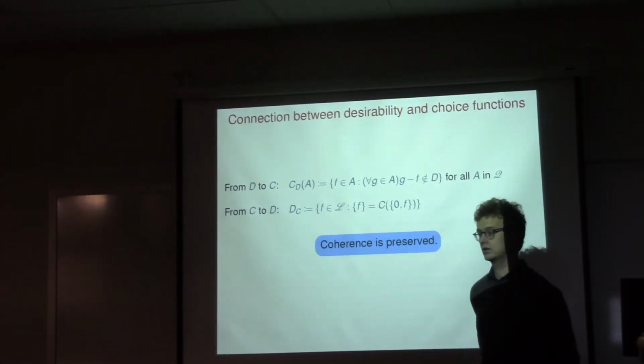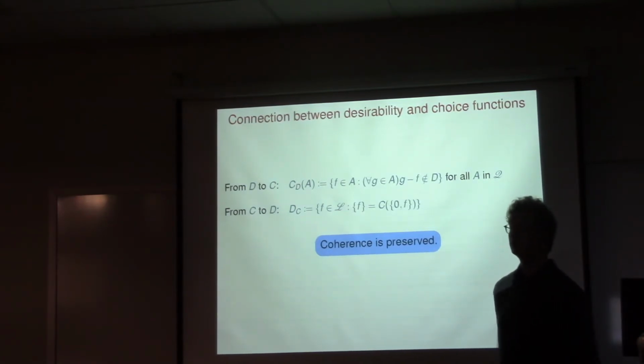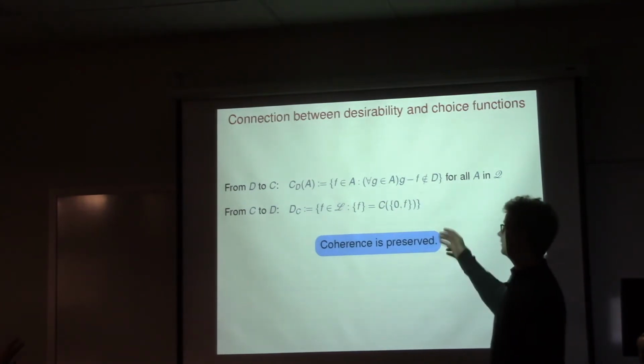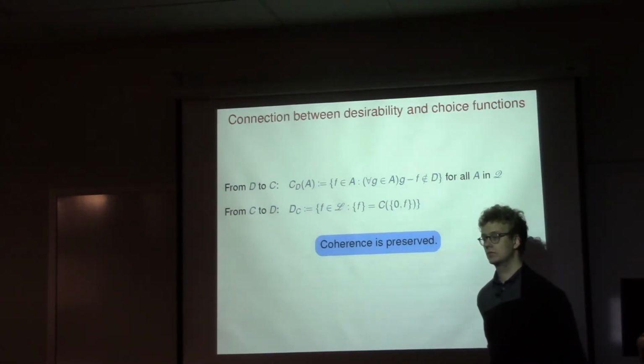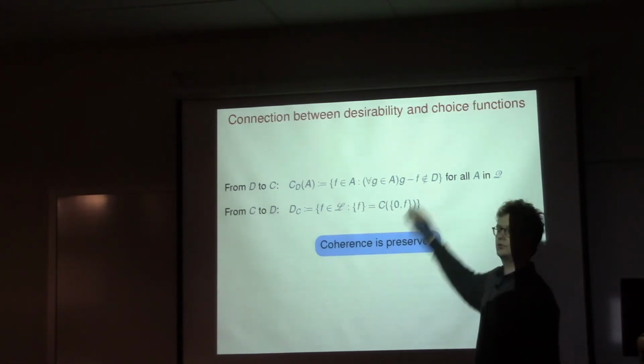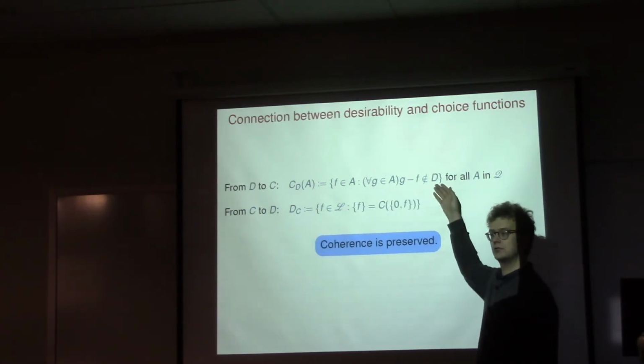But so the set of desirable gambles, did you say that if you have a set of desirable gambles, it means that I know how to make all pairwise comparisons? Yes, exactly. But not necessarily ternary comparisons or four-way comparisons. I see. So this C of D would always give exactly what the D would do for pairwise comparisons. Yes. And for three and four and so on, that would be the smallest. Yeah, it extends to higher comparisons in the smallest coherent way.